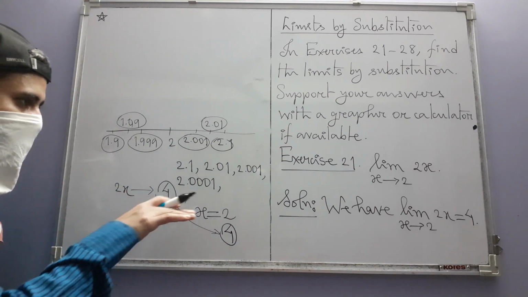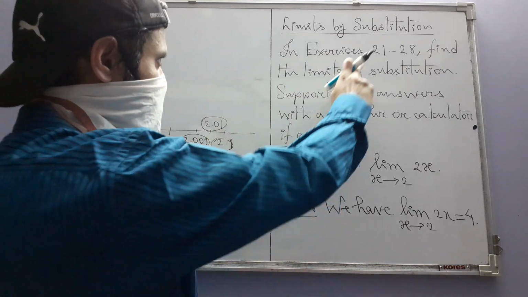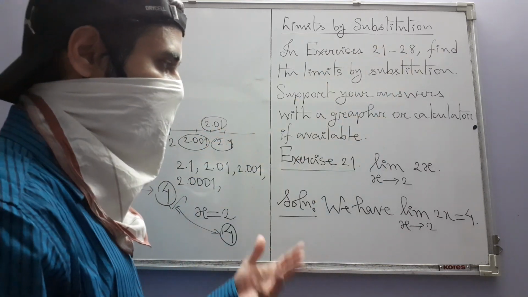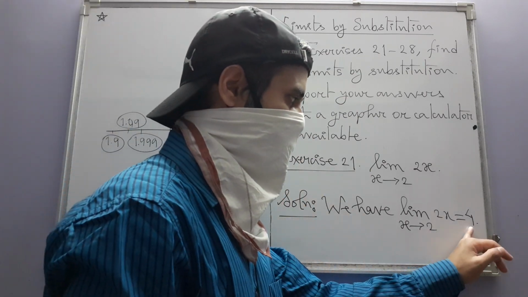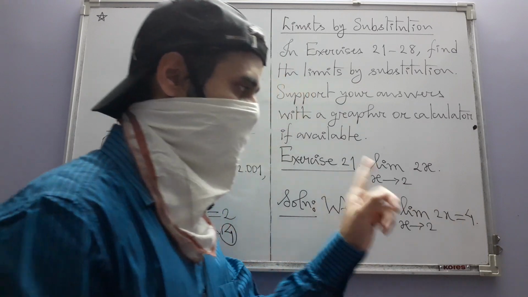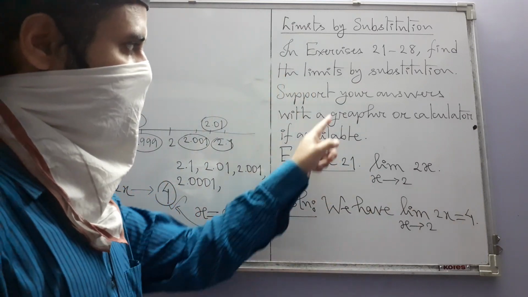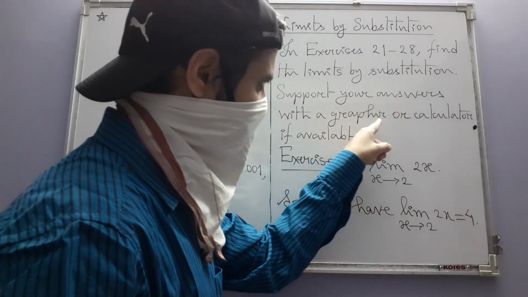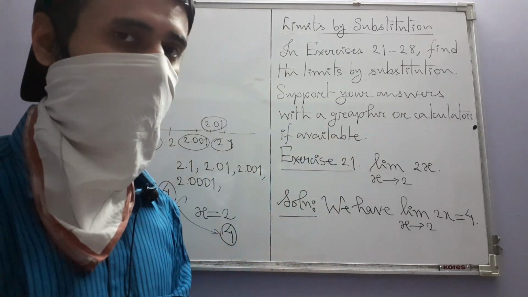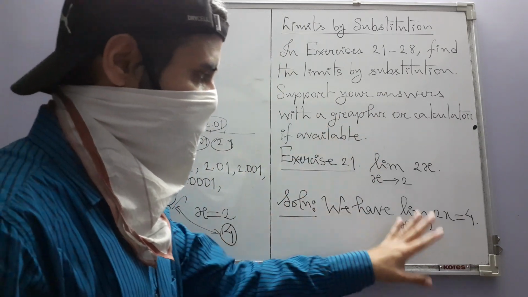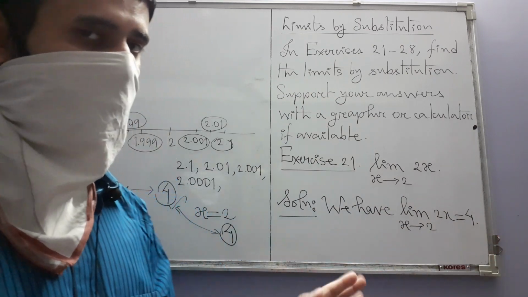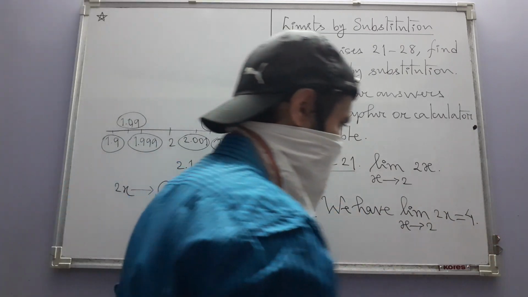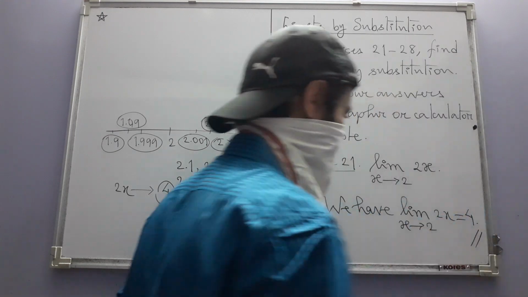Okay, but here in these exercises, we can substitute. And what is the guarantee that whatever we are getting by substituting is really the limiting value? That guarantee will be provided by your grapher or calculator. That's why you don't just write this and stop. No, that won't give you the guarantee that this itself is the limiting value.